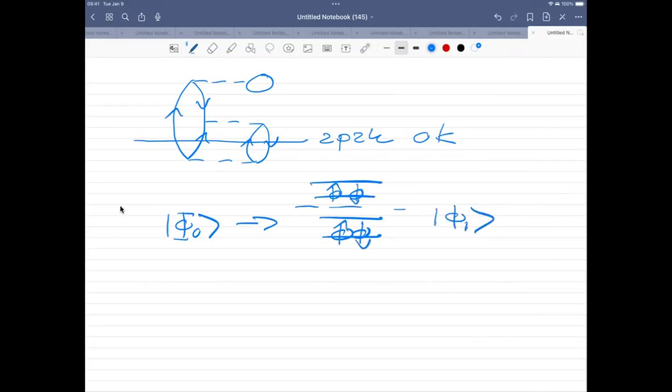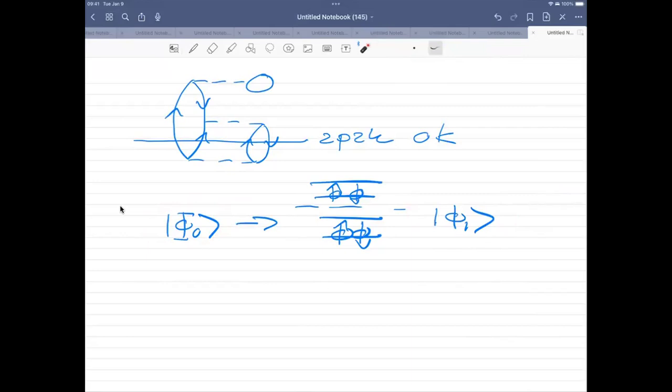So this is a possible excitation which we have here. This process is simply represented by us going from phi0, there is an interaction which acts on the state, and that brings us to the state phi1. So this is a possible excitation.